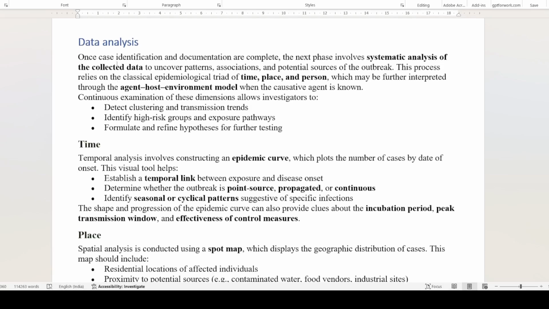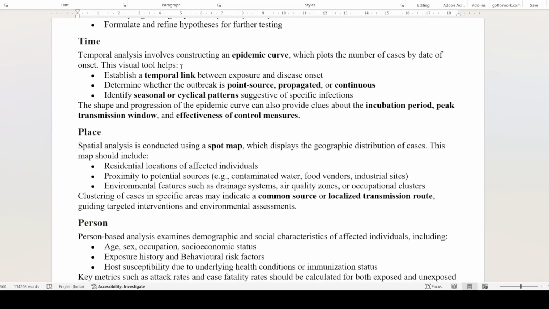Then data analysis is done. By time, we look at the peak period of the epidemic and the temporal link between exposure and disease onset.